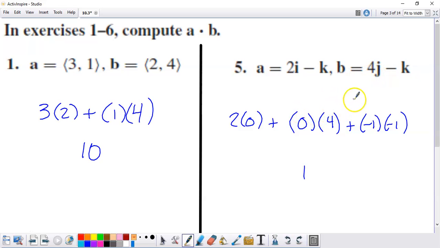So multiply the y components together. The z components are going to be given by the coefficients of those unit vector k's. That's going to be -1 for both vectors, so if I multiply those together and then add the results, you end up with 1. In the next video, we'll talk about some of the geometry associated with this calculation that we've introduced here.